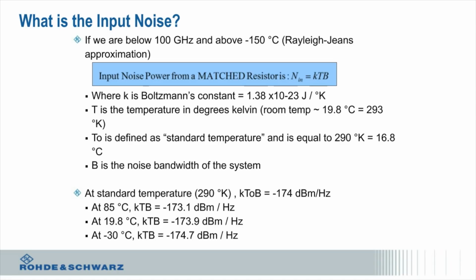So really, what you'll hear people typically talk about is kTB, which is minus 174 dBm in a 1 hertz bandwidth. So that's basically telling me that anything at or below that signal, I won't be able to see it because it's the same size as the noise environment around it. So therefore, it's difficult to discern it from the world around it.